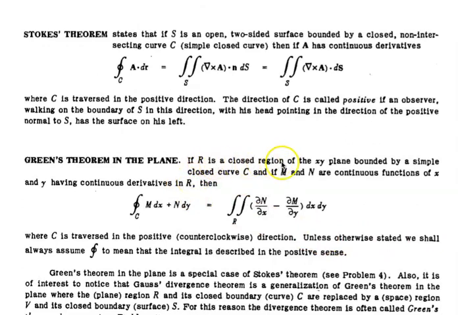If R is a closed region in the xy plane, and so these are xy coordinates, bound by a simple closed curve C, and if M and N are functions of x and y having continual derivatives in this region, then the closed line integral of M dx plus N dy is equal to the surface integral of the partial of N with respect to x minus the partial of M with respect to y, that quantity dx dy.